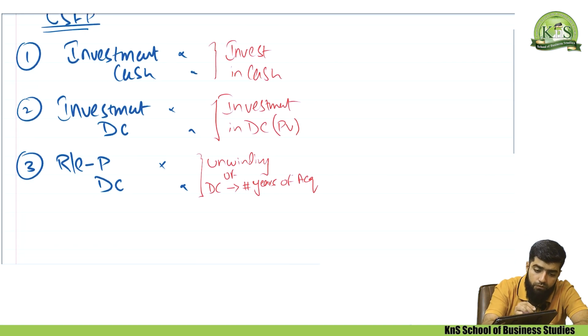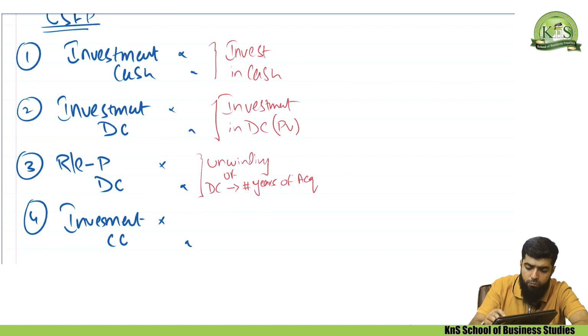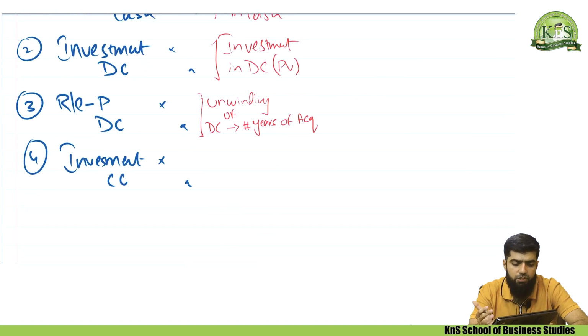Okay, next. The third way of making an investment, that is the contingent consideration. Investment will be debited and contingent consideration will be credited. Now what is contingent consideration? That is the consideration that is dependent on certain events.